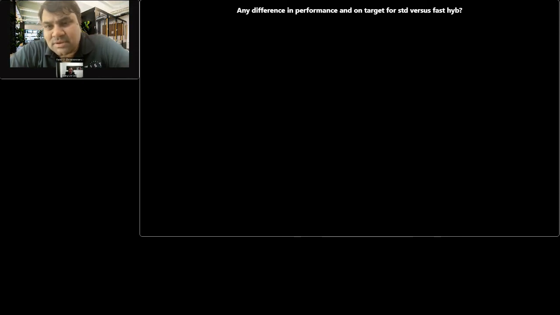The salt conditions and the hybridization conditions are different. So the only place where you can see some differences is in the regions that get dropped out in AT or GC. Apart from that, the on-target rate, duplicates, and the performance metrics are identical.